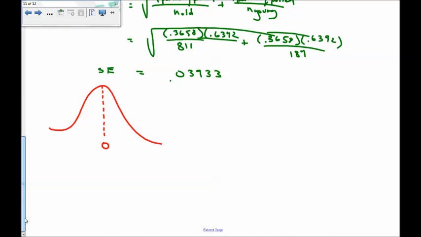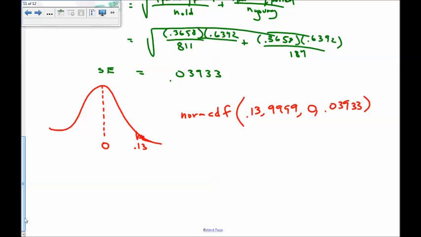So I'm going to do norm CDF, and it's going to be 0.13, comma, infinity. The hypothesized difference is 0, and the standard error is 0.03933.